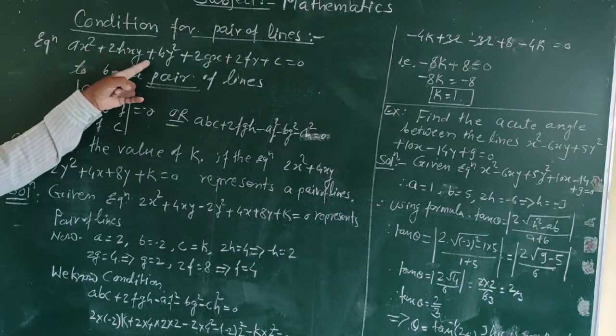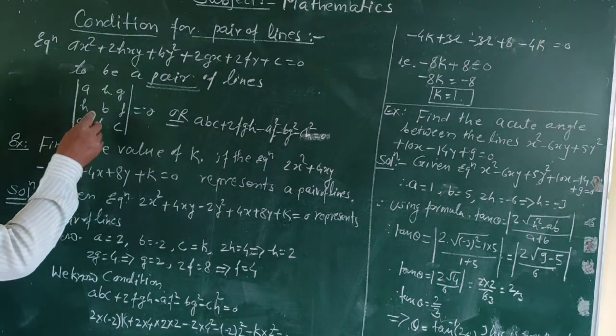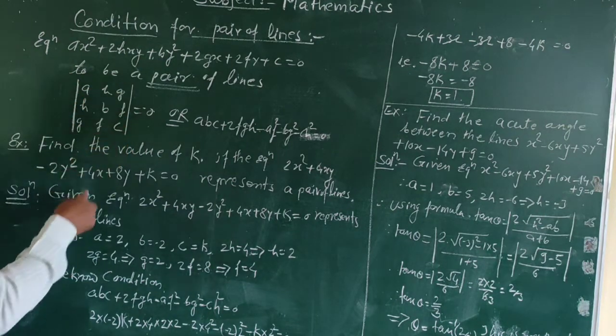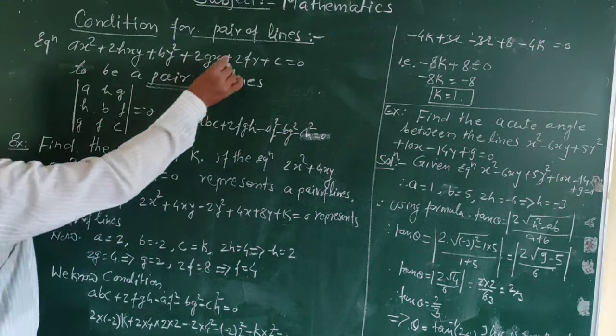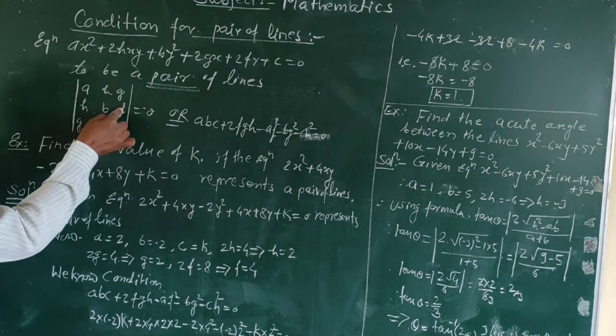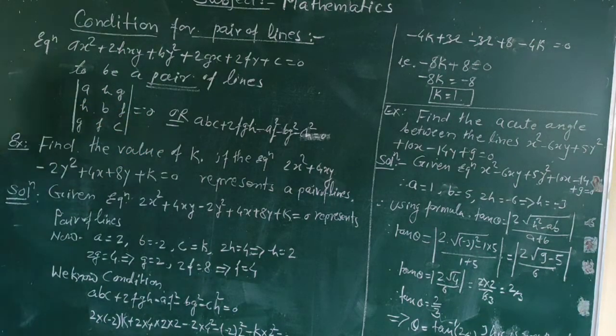We collect all the coefficients of x, y and constants here. So a, b, c are written in the determinant form in the diagonal position, and whatever f, g and h are written in this manner, and it is equated to 0.